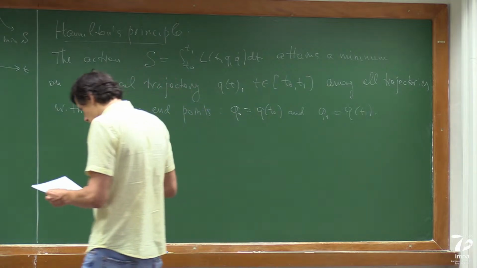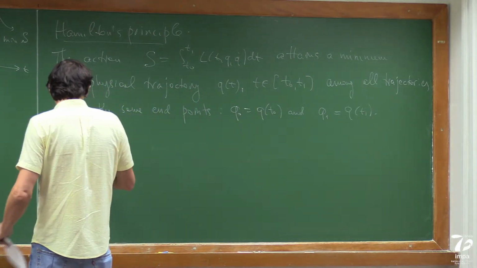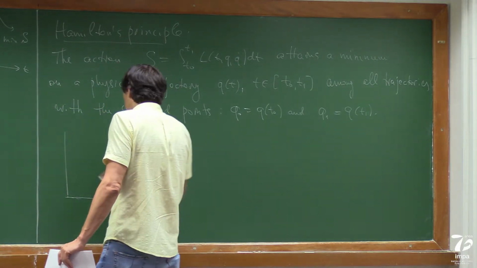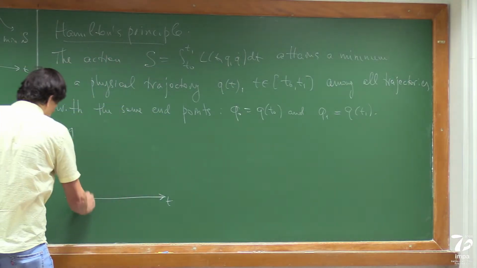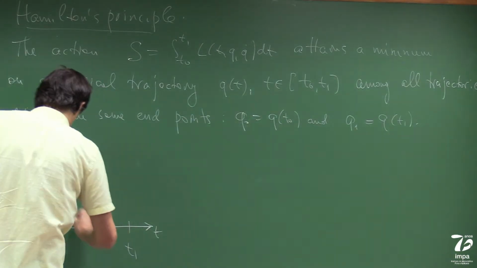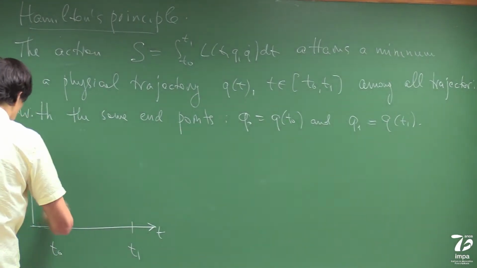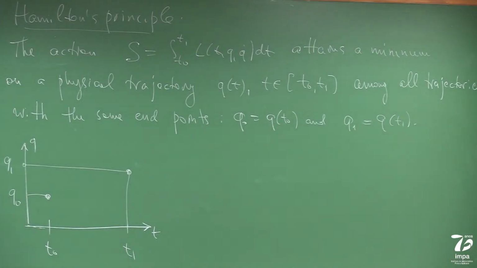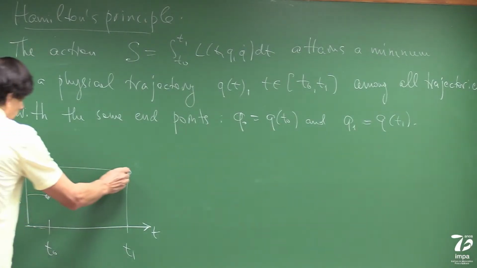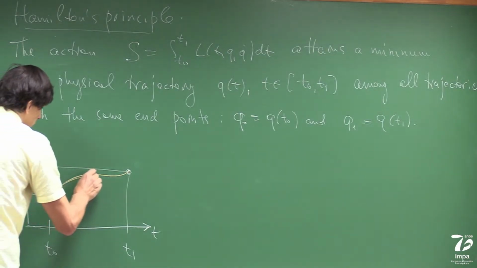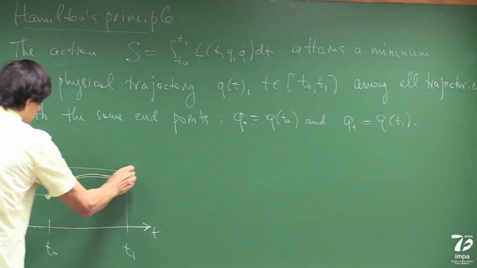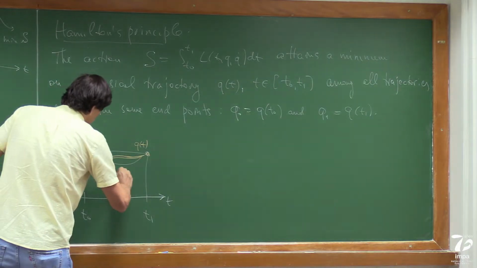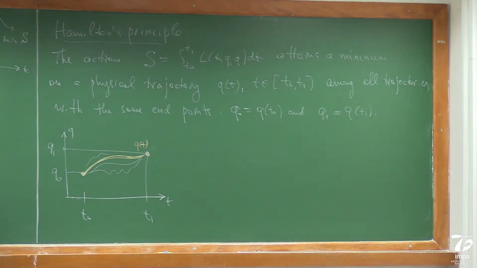So essentially, what we say is that, if you put time and coordinates, we have an initial time, we have a final time, and we fix the initial point and the final point, and our trajectory is the one which gives the minimum among all trajectories which have the same ends.